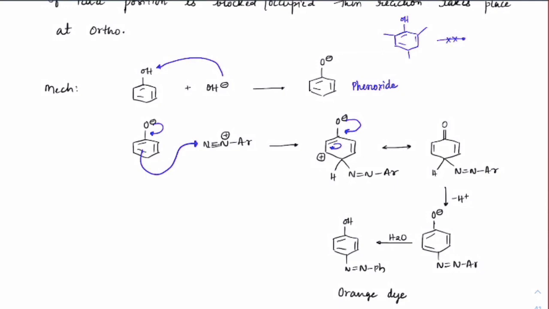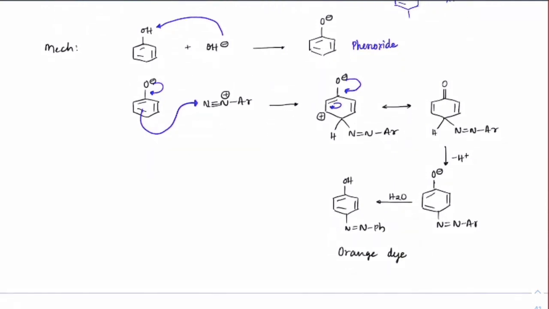Okay guys, I hope you understood that. Once you get this, if you observe, this is a neutral molecule. The double bond is closed here, so this is a neutral molecule. This can be stabilized, and aromaticity will be retained in the case of phenols.